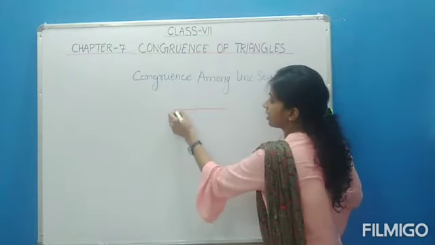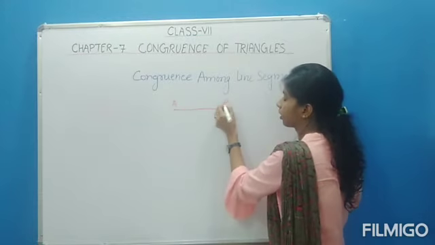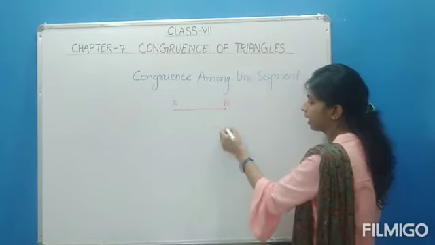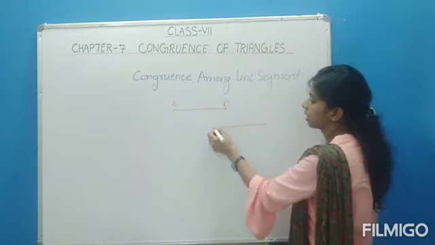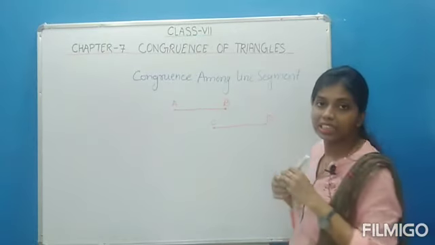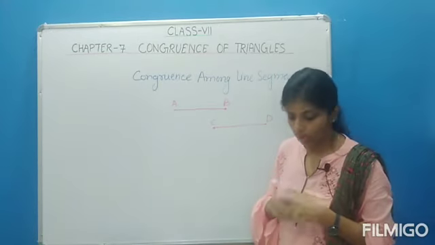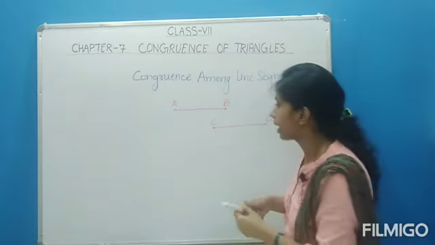This is one line segment AB, and here we have a second line segment, suppose CD. When do we call these two line segments congruent to each other? Suppose I'm taking one more line segment.